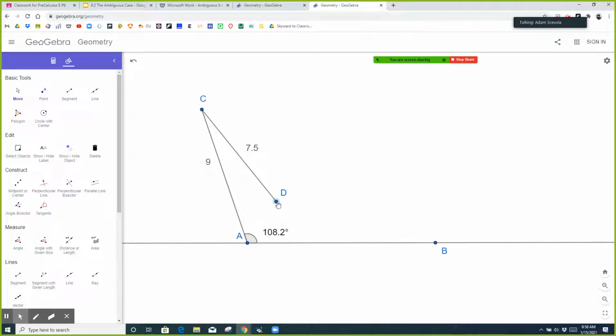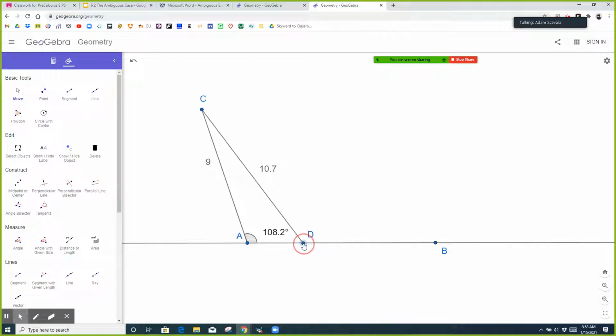But if I said it was 108.2 degrees, 9 centimeters long, and then the opposite side was 12 centimeters long, then you can make a triangle. So then you would find angle C by using the law of sines, you would find angle D, and then you would find side AD by doing the law of sines. Now, my question to you is, what needs to be true about this opposite side in order to make a triangle?